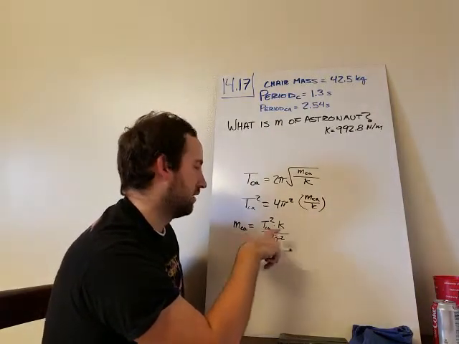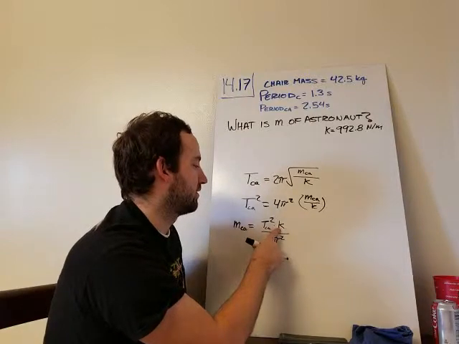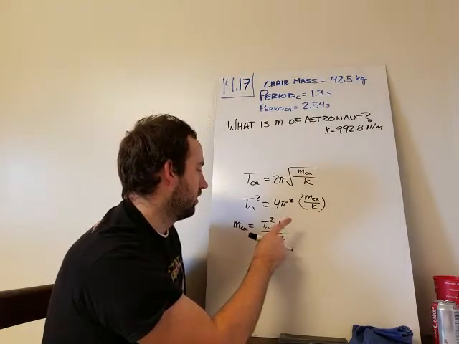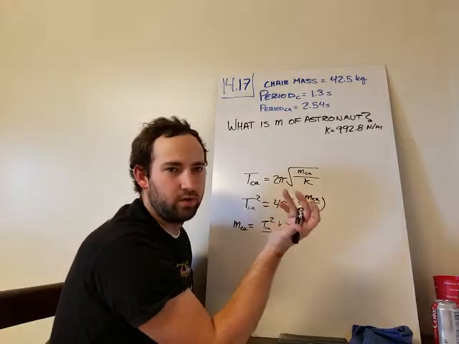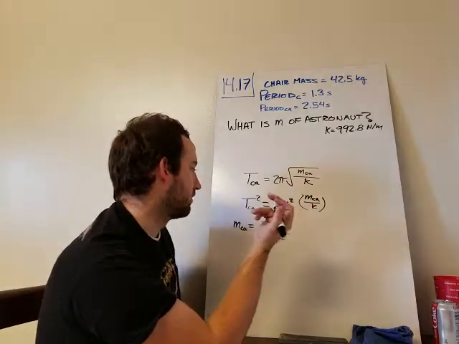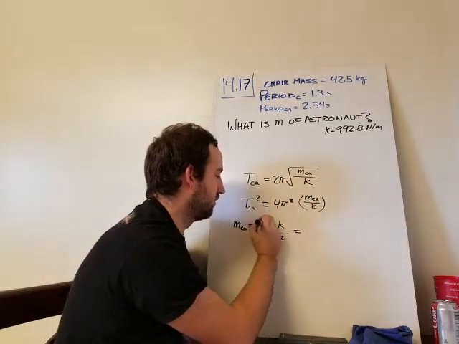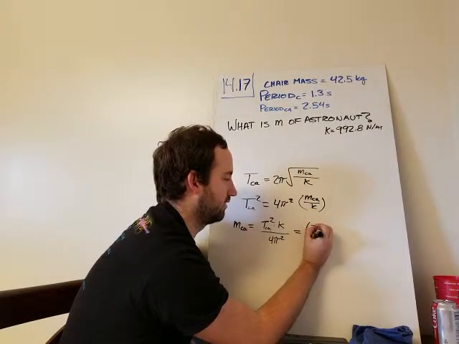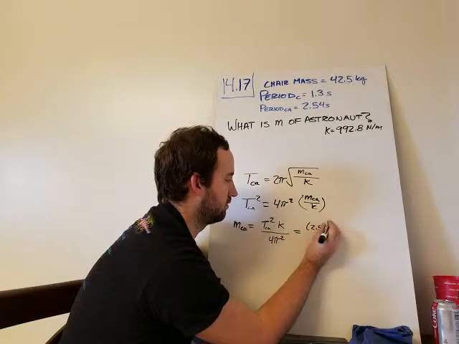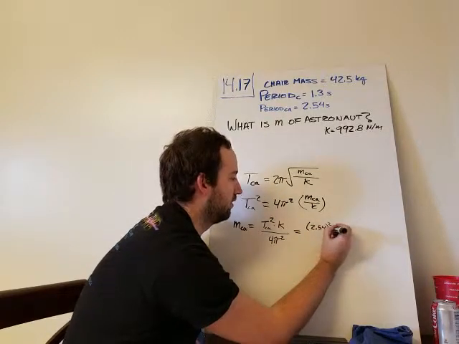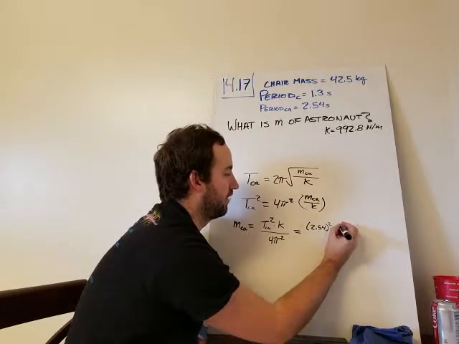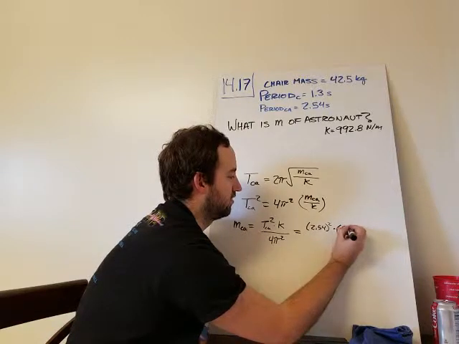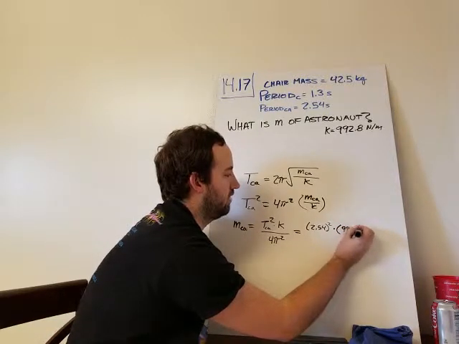So now we can solve, since we've already found the spring constant. We only have one unknown variable, so we can just go ahead and solve this right here. We know that our period is 2.54 seconds, squared. We know our k value, our spring constant, is 992.8.